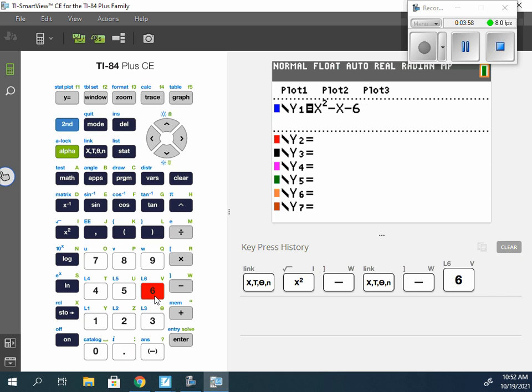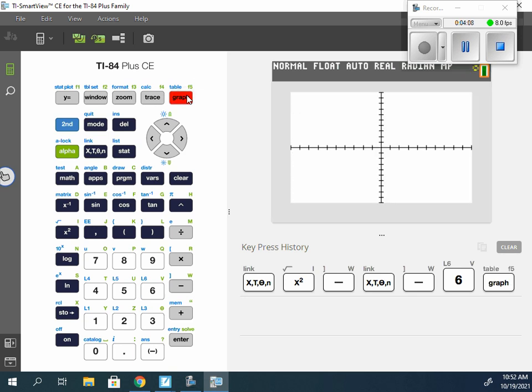Once you get it typed in, hit graph at the very top. So the graph button will graph it for us. We have two places where it crosses the x-axis, yes? Those will be our solutions.